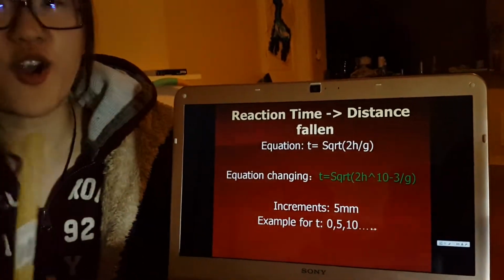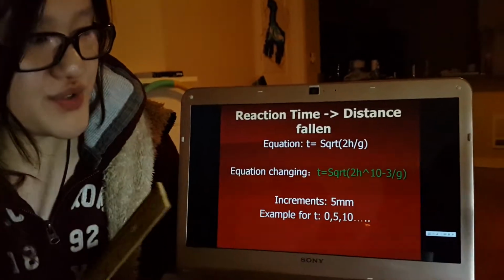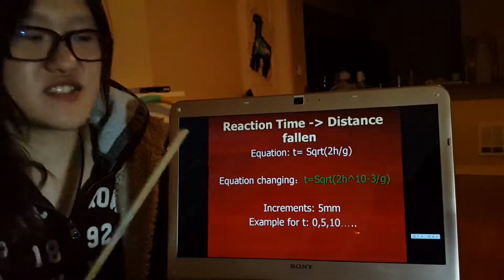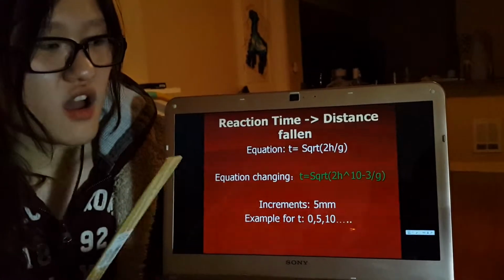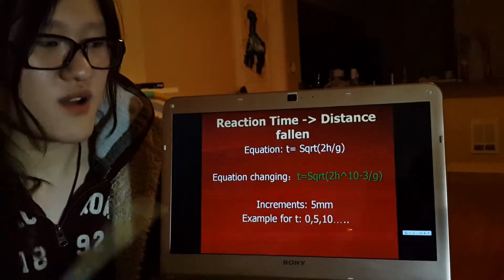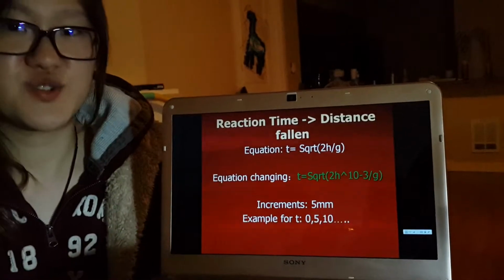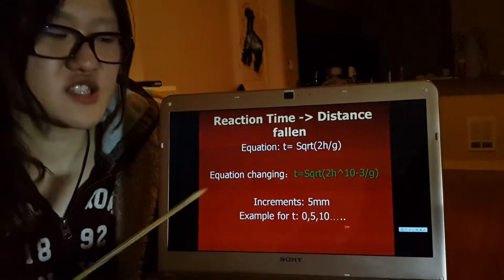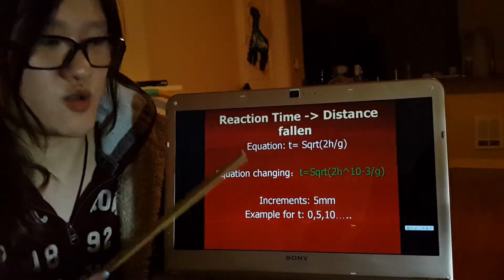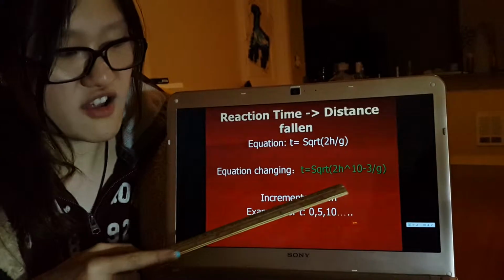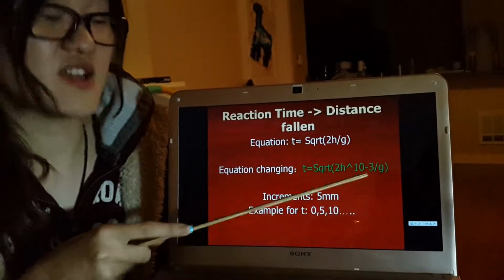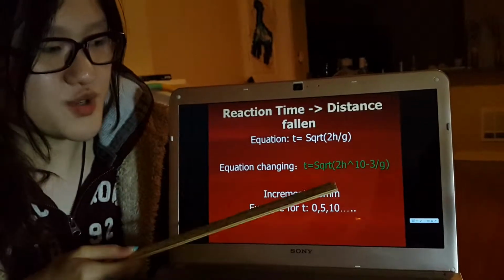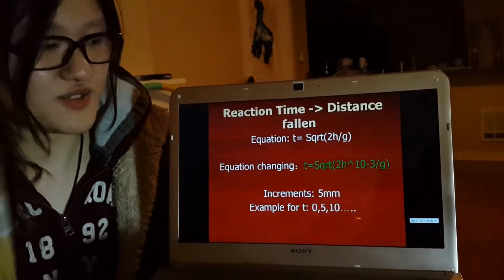The second part of my calculation uses the distance h to calculate the time t. As with the one we used before, because the units are different, milliseconds and millimeters, I also have to change the equation a little bit. The green one is the equation I used in Excel, which is used for the units we use right now.